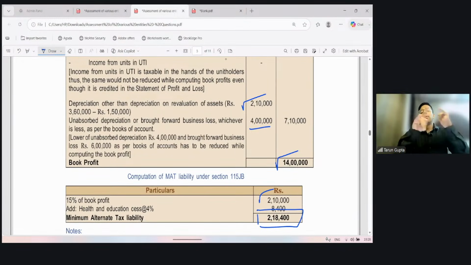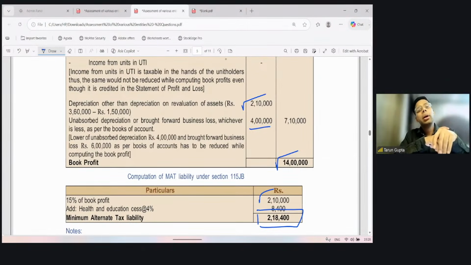We discussed the meaning of company, domestic company, Indian company, and widely held company, company in which public are substantially interested. Then we discussed the tax rate under the old regime and the new regime, 115BAA at 22%. Then we discussed Section 115BAB, the benefit provided to new manufacturing entities or electricity generation companies, domestic companies.